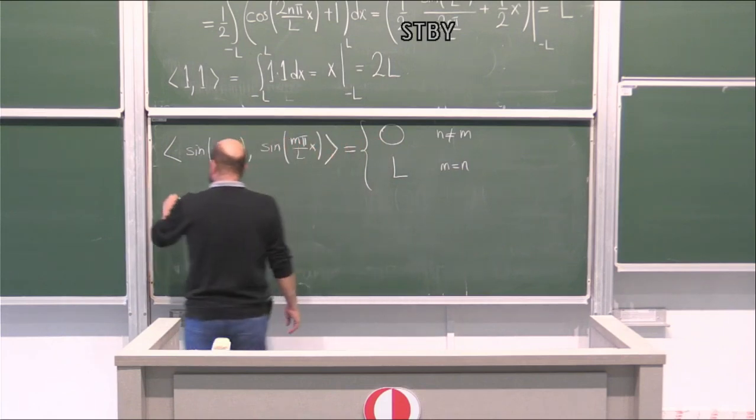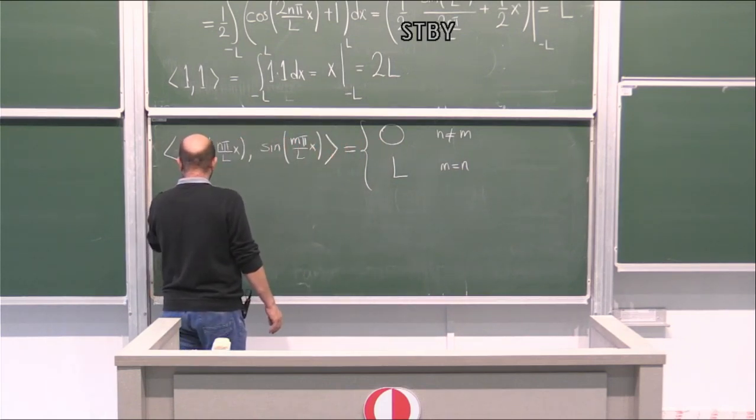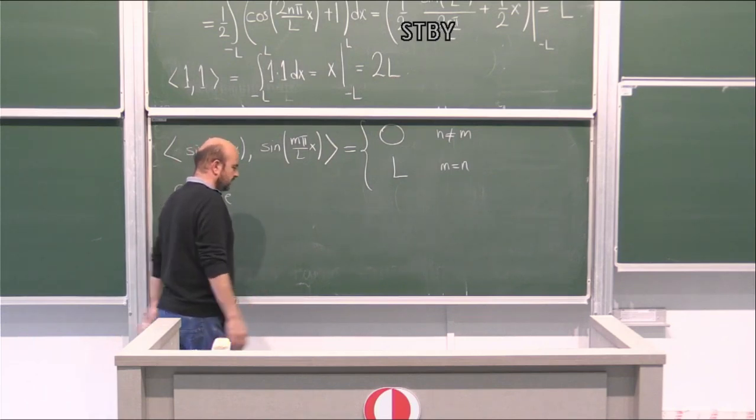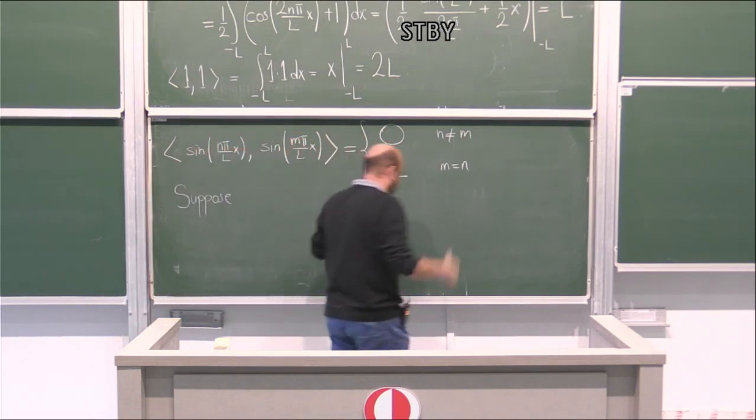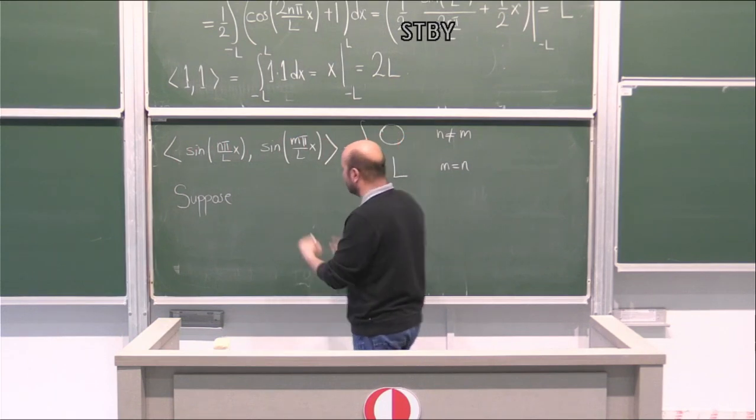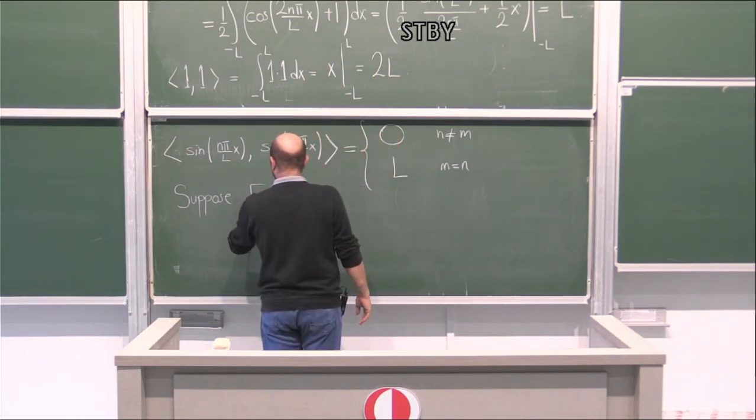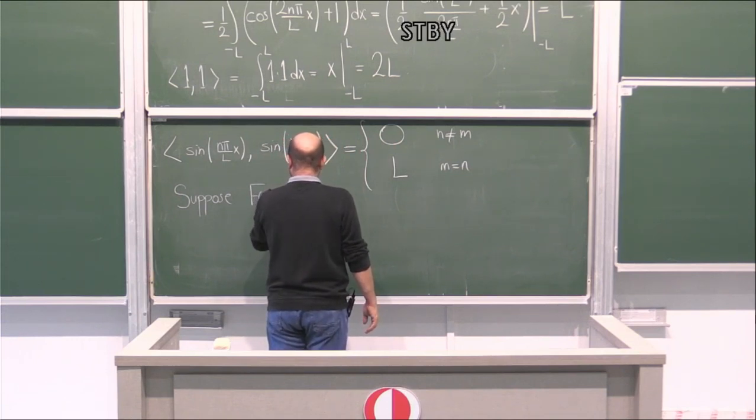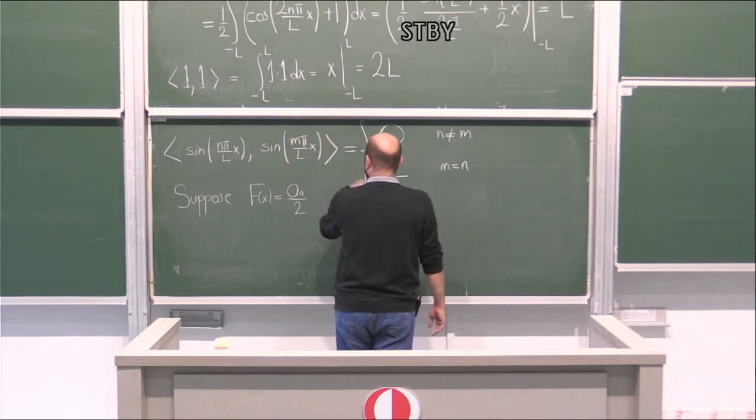Now, let me first of all start with the assumption, because I'm using this. Suppose my function has a Fourier series. So suppose f of x has the following Fourier series.